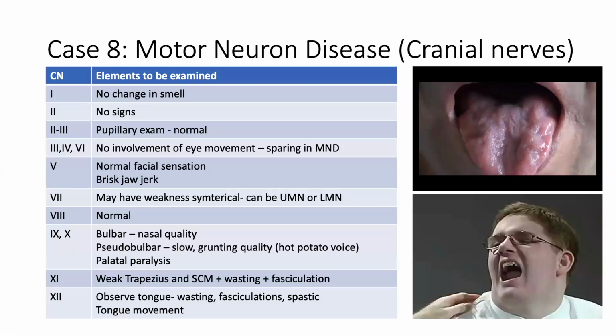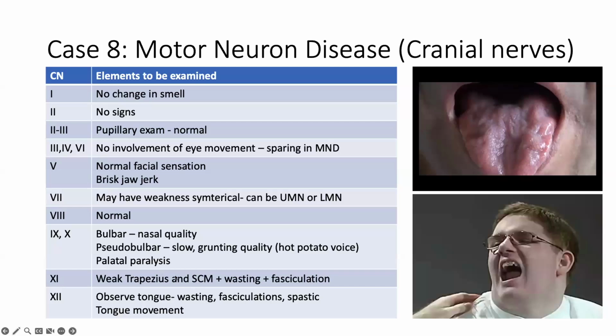Bulbar is a lower motor neuron abnormality, whereas pseudobulbar is an upper motor neuron abnormality. We'll observe how the voice goes, but bulbar tends to be nasal quality, pseudobulbar tends to be a hot potato voice, and you can look for palatal paralysis.